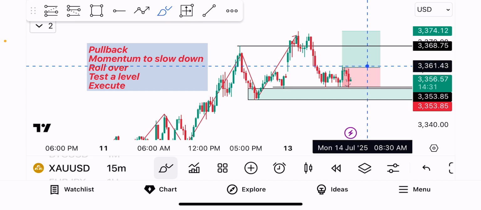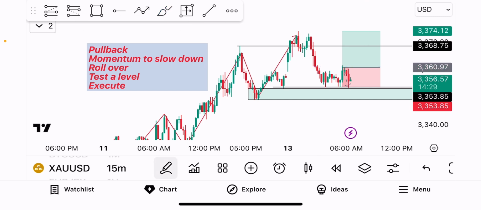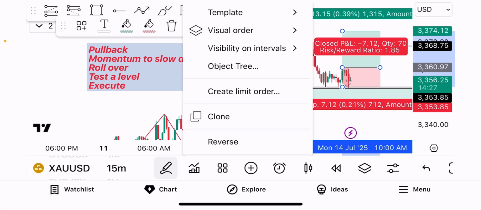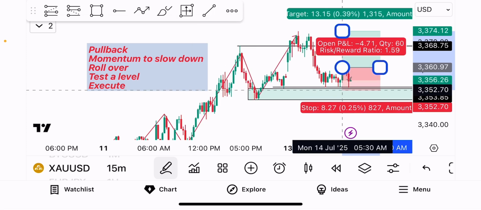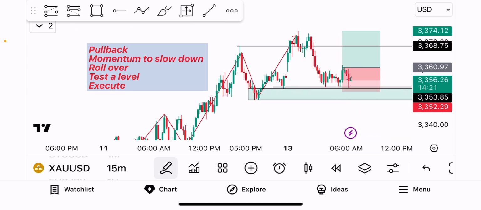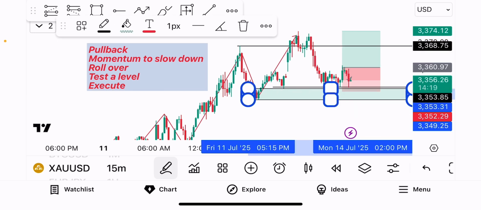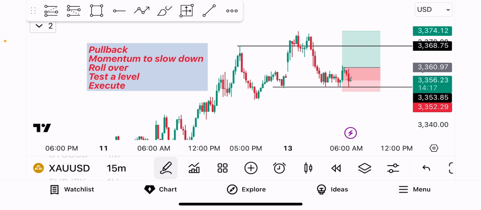And my stop loss will be where? My stop loss will be right below the level where the market reversed. That is the recent low. So this is what the execution plan looks like after identifying the trend.